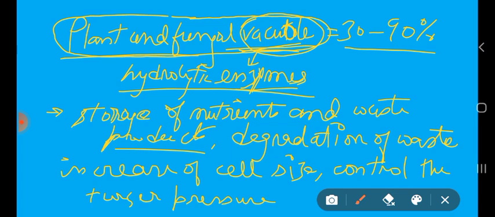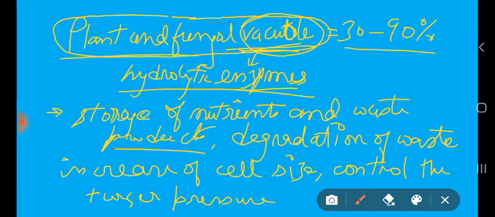So they will maintain the pH inside the cell. If there is change in the pH outside the environment, then they will balance that pH by transporting the H plus ion into the vacuole, into the lysosome, what we call as plant and fungal vacuole here, and thus it will maintain the pH in the cytosol constant.